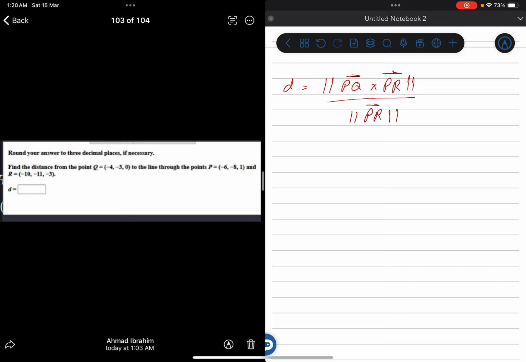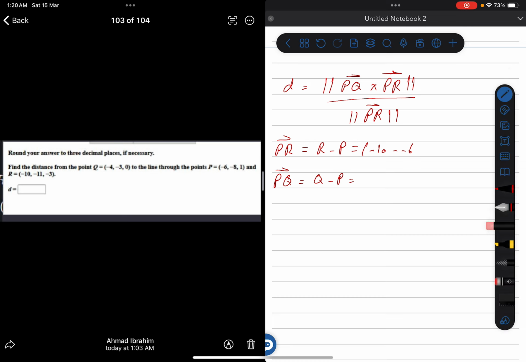Okay, so first you have to find, so here you already have Q and P and R. So first you have to find PR and PQ. So PR, which is R minus P, and for PQ, which is Q minus P. Okay, so R minus P, it will be negative 10 minus P, which is negative 6, and so on.